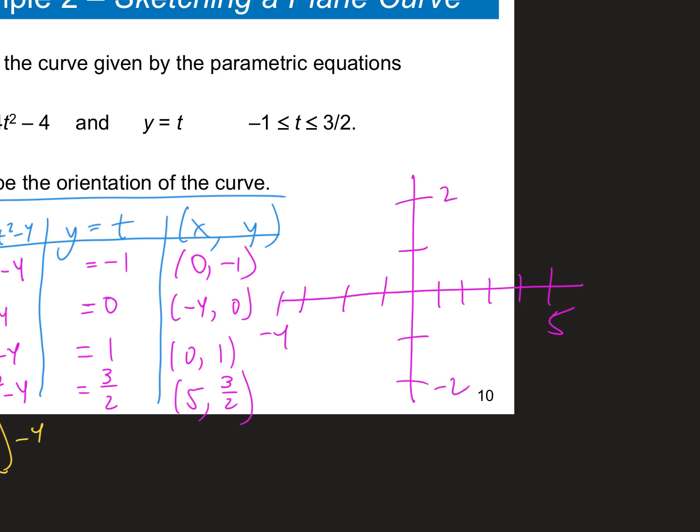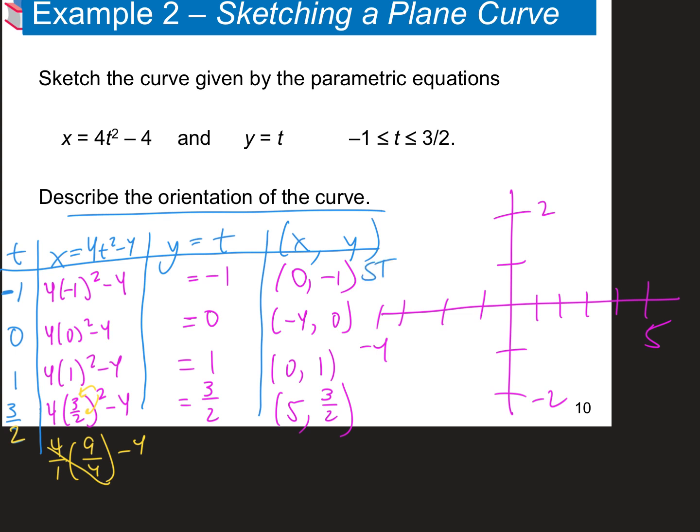All right, where's your starting point? Where's your end? You don't have to do that. I just think sometimes it's a good idea so you don't get yourself lost. But where are we starting? 0, -1? Okay, so 0, -1. And then I'm going to -4, 0. Then I'm at 0, +1. And then at 5 and 3/2.